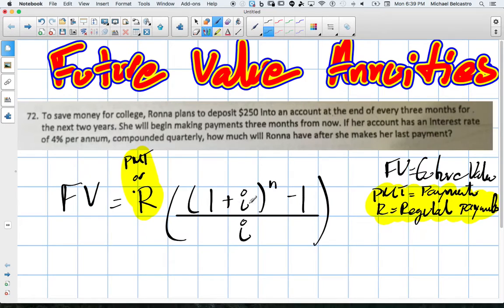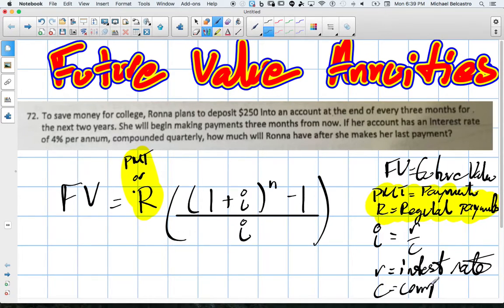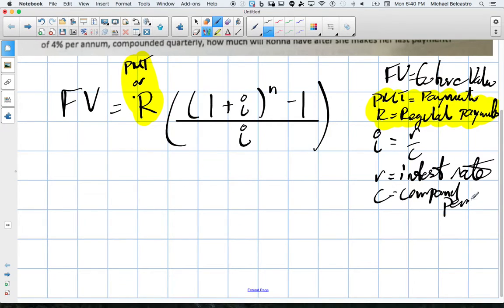I, again, just like compound interest, is R divided by C. R is interest rate, and C is compound period. And if we've done compound interest, we're familiar. N, same idea, is compound period times number of years, so we already have C. YR is years.